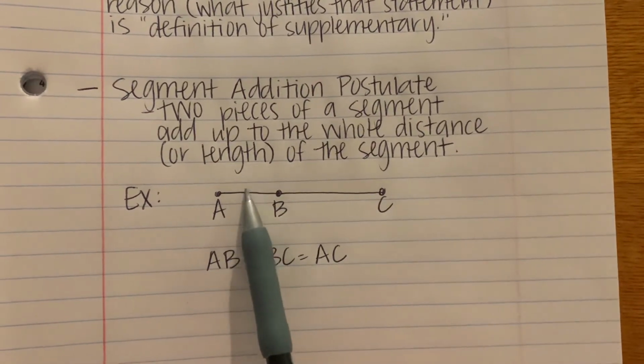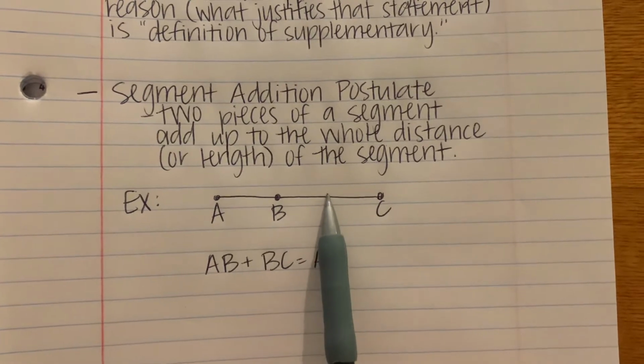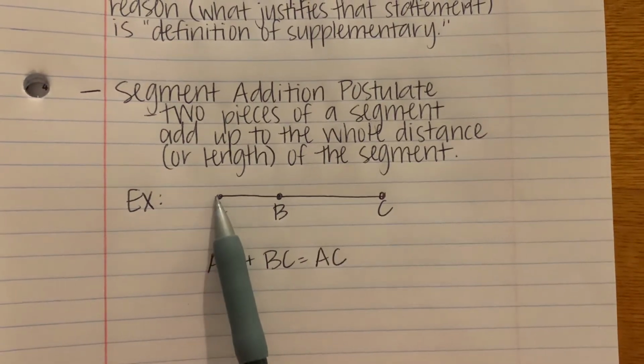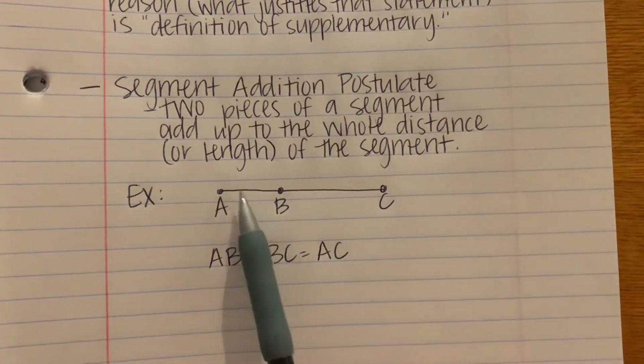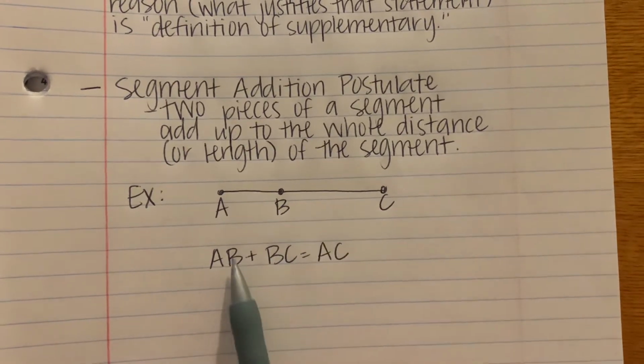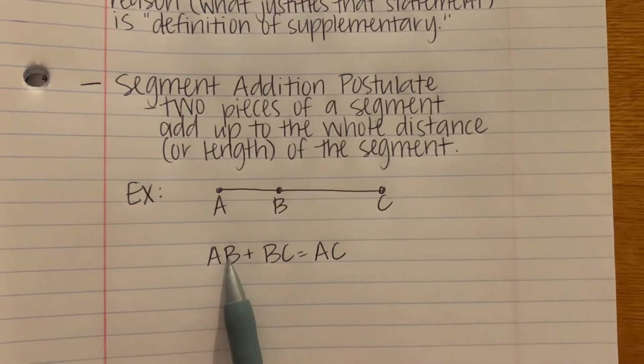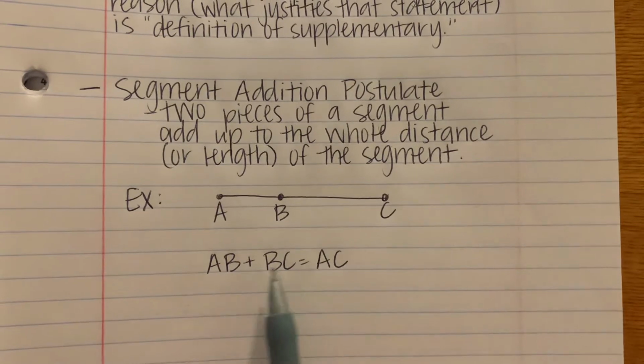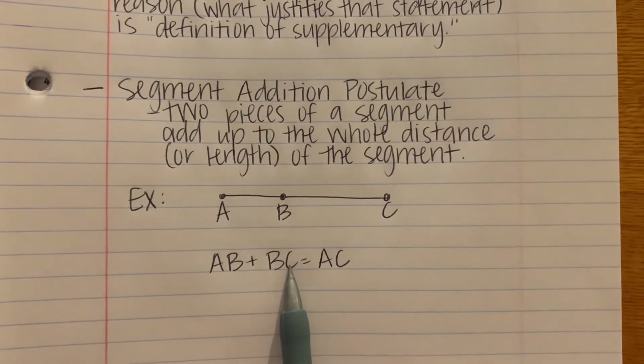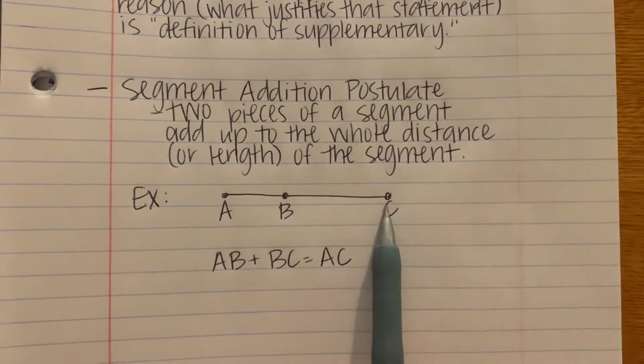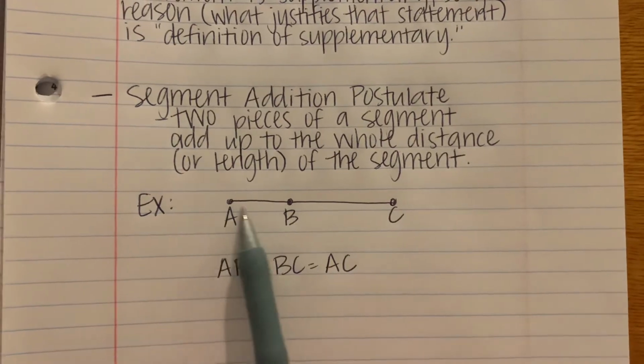You could say this is 2 and this is 5. If I wanted to know the distance of the whole thing, I would just add 2 and 5. Well, it's the same thing here. The only difference is you're naming the segments instead of putting the numbers for the segments. So AB plus BC equals AC.